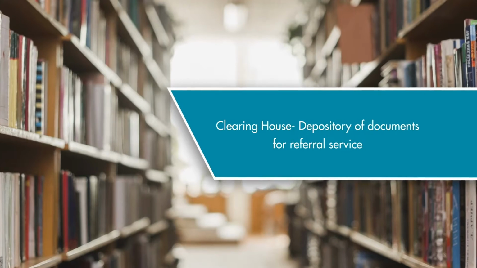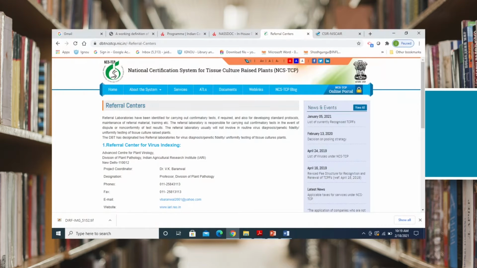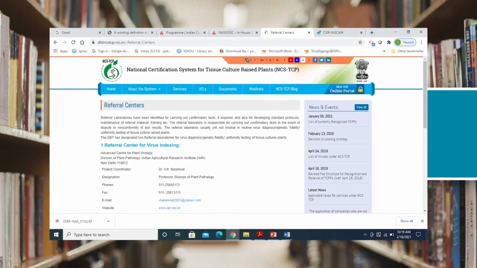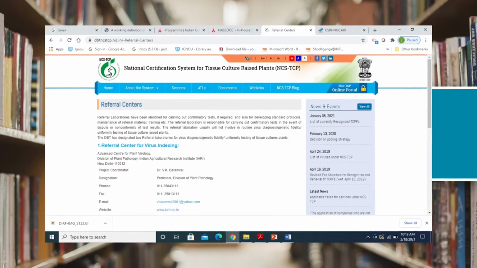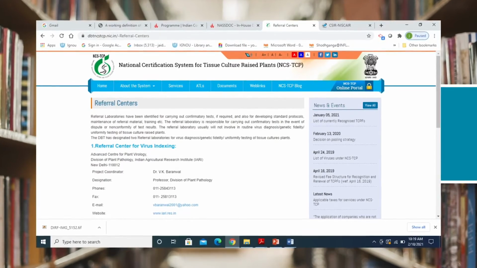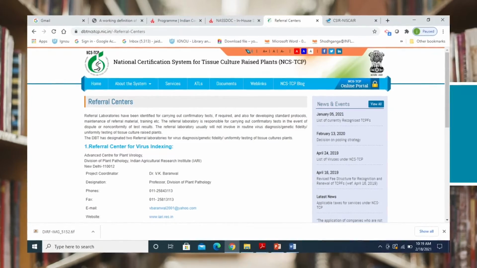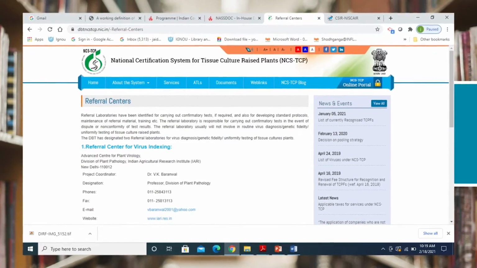So there is a difference between an information institution in general and an information institution that is a referral center. You would have seen that referral centers exist not only in terms of information, but also in other specialized areas. Like you see here, this is a national certification system for tissue culture raised plants. This is a referral center in the field of plants, and it provides referral in the case of certification.